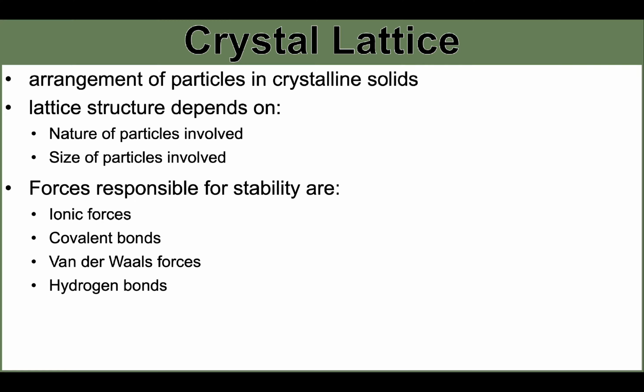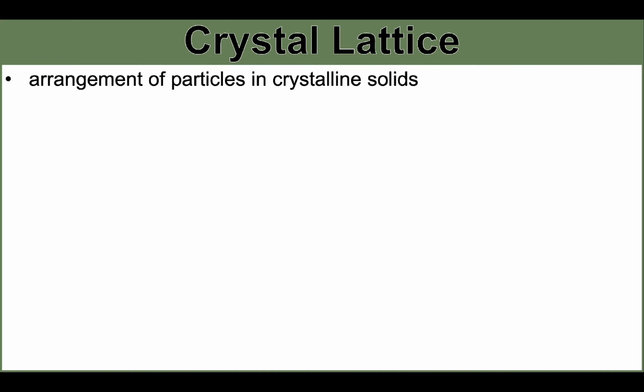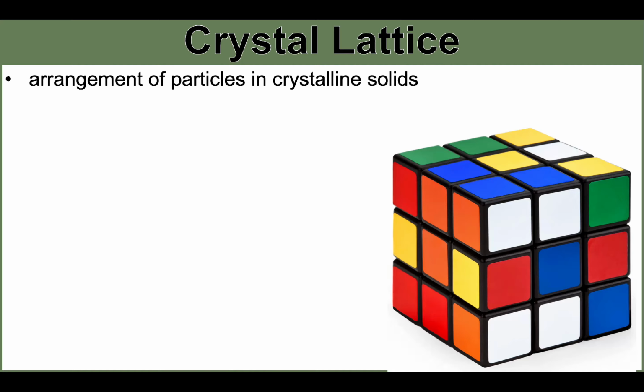Now, I have mentioned crystal lattice a lot of times, but what exactly is a crystal lattice? Keep in mind that each crystalline solid is represented by a crystal lattice. Now think of a crystalline solid as this Rubik's Cube.